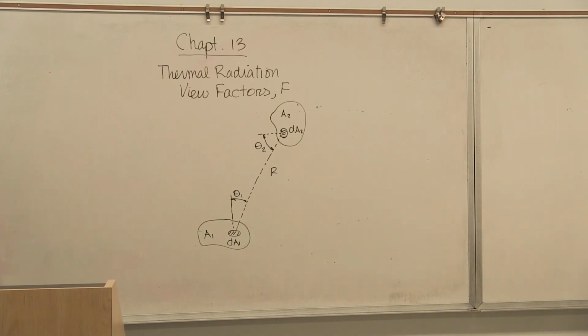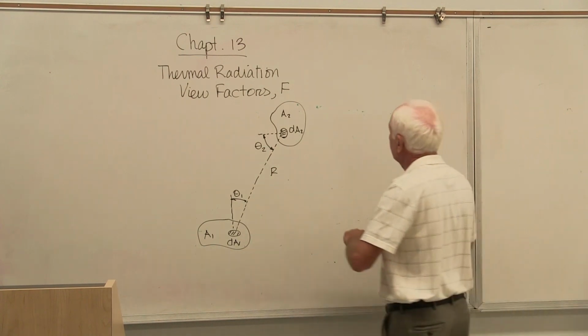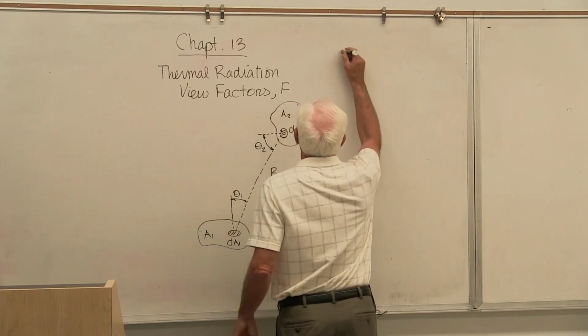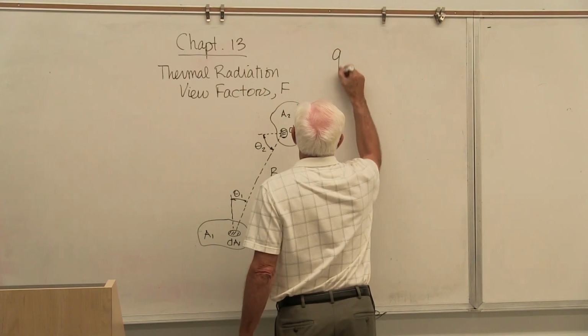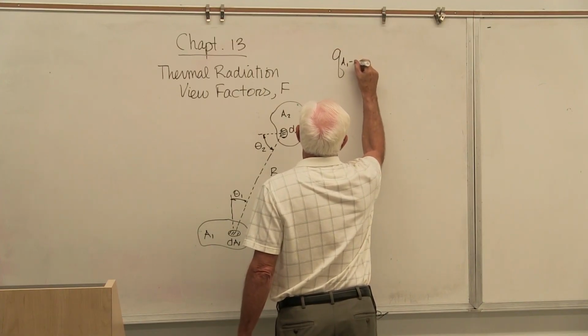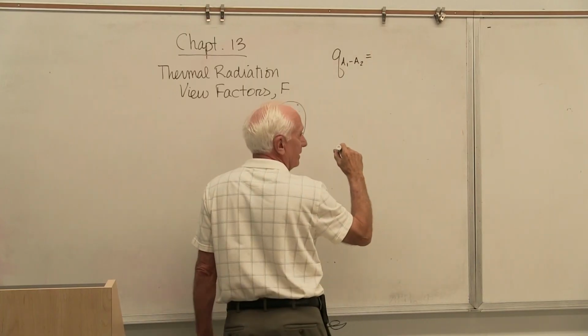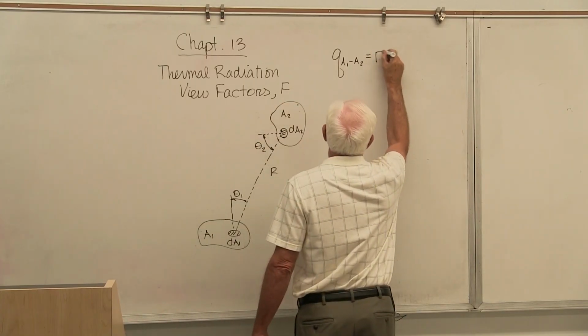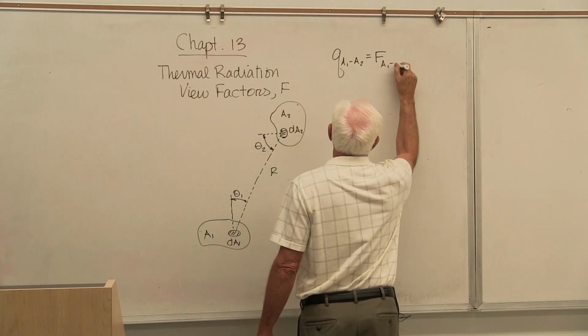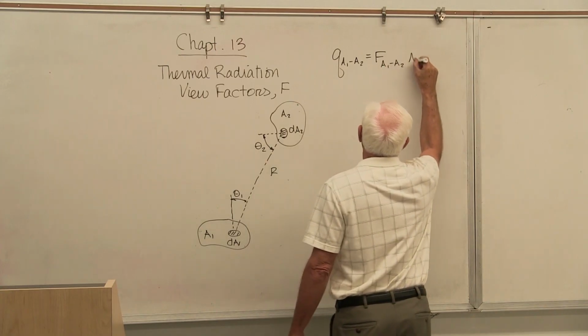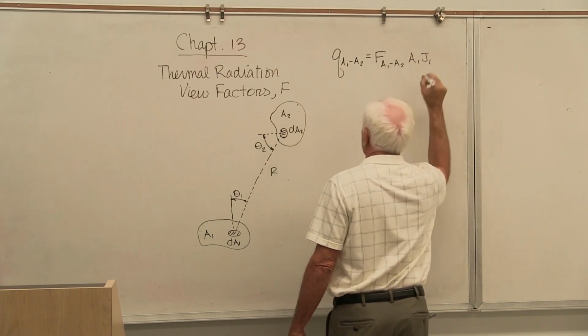Now, to find that energy between A1 and A2, we can say that Q from A1 going to A2 is equal to the view factor from A1 to A2, times A1 J1.